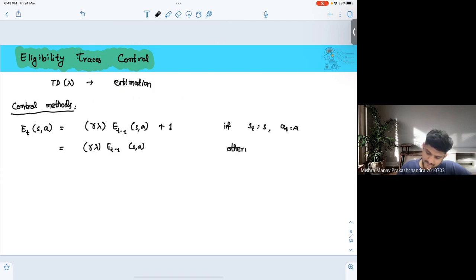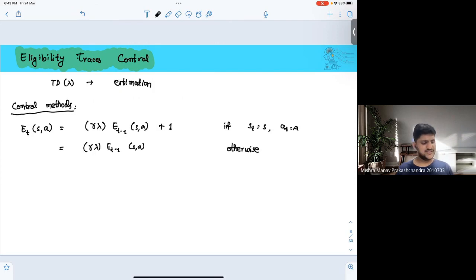Otherwise, only the decay happens, right? So this is the idea for eligibility traces. If you look at it, this is a method for accumulating traces, so this is how accumulating traces work.